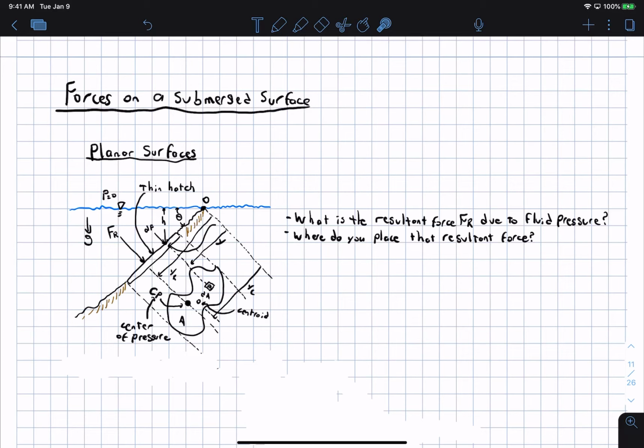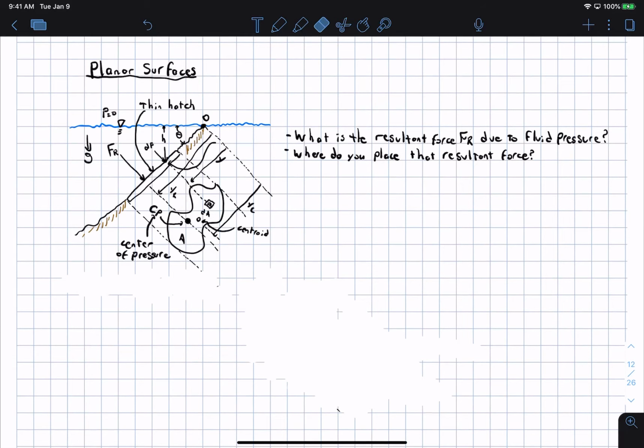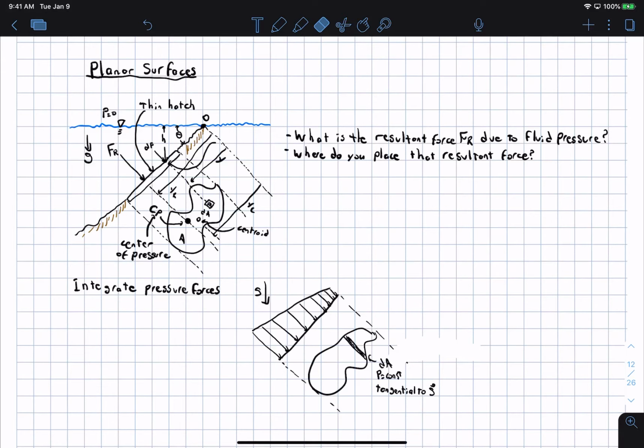Okay, and so how we go about doing this is we actually integrate the pressure forces that are on the surface of the object. And so if we look at a view of the gate from the top rather than from the side, the picture will look something like this.